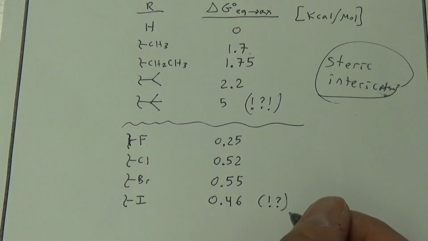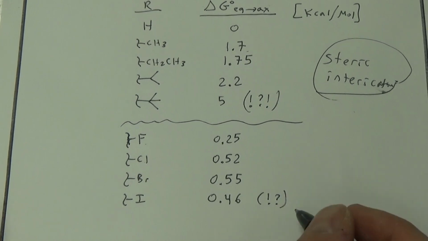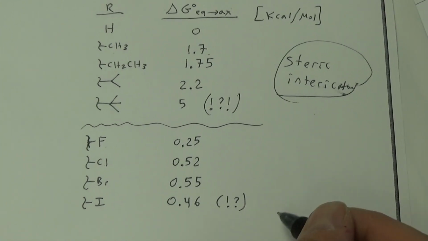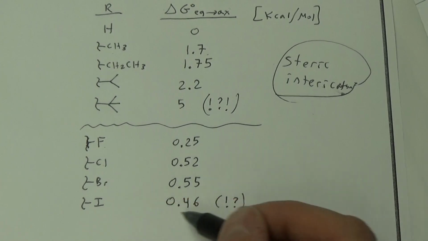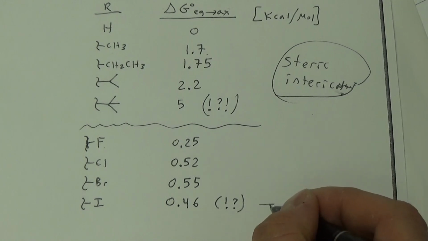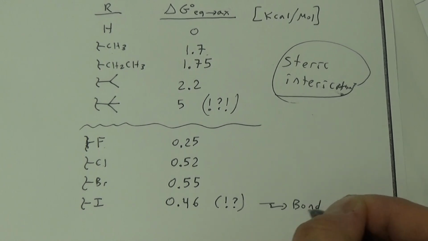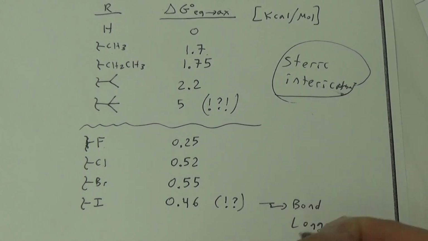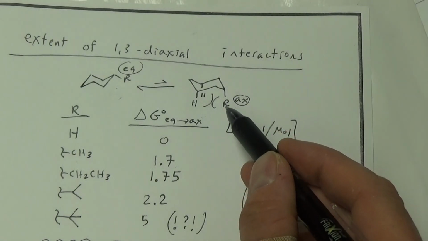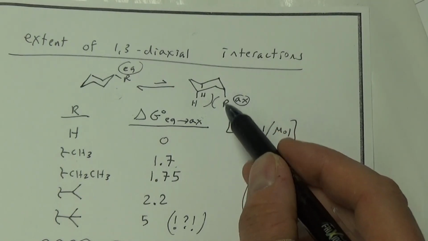Why is it smaller? I think what the book says, and what I've gathered in my own research, is that the reason iodine is a smaller number, even though the atom's bigger, is the bond is longer than the other halogens. If you imagine the bond is really long, that's going to decrease the extent of the interaction.